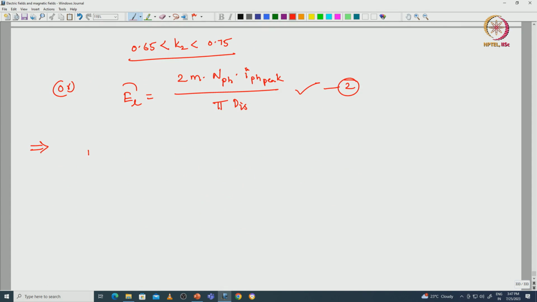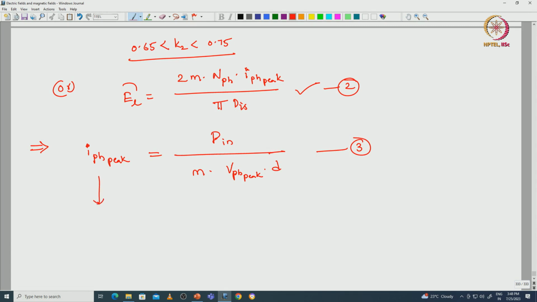Next, how to calculate the I phase peak current with respect to the winding. That is from the input power equation, divided by number of phases conducting simultaneously into voltage into duty cycle. This equation will give the stator current.